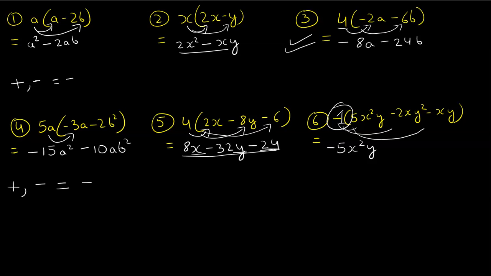And then we multiply a negative sign with negative 2x y square. Negative times negative, we get positive, so we get 2x y square. And the last one is also negative times negative, we get positive xy. And this is our final answer.